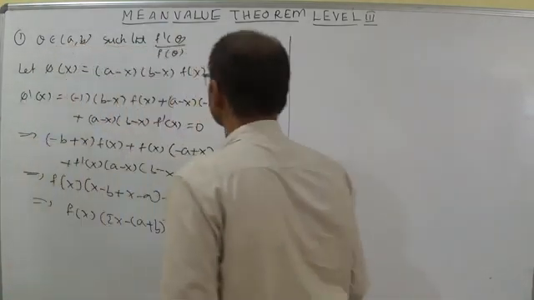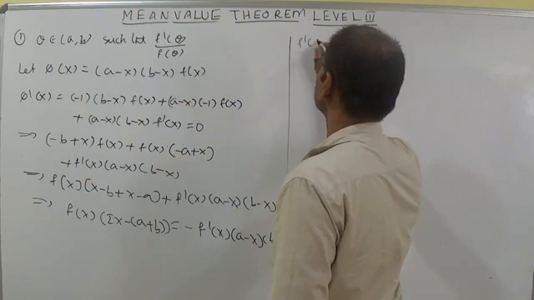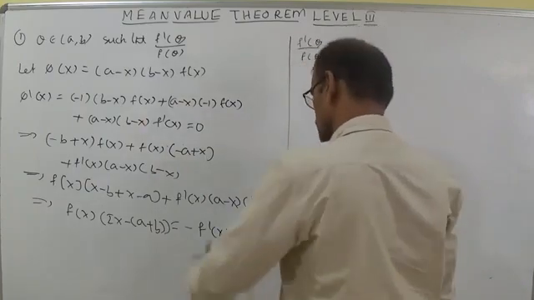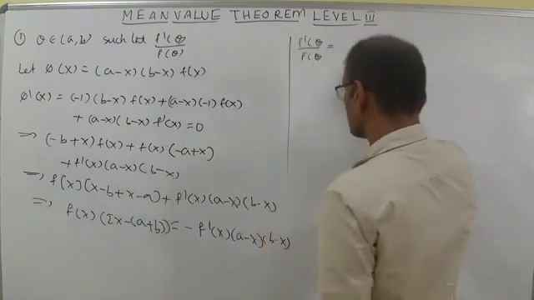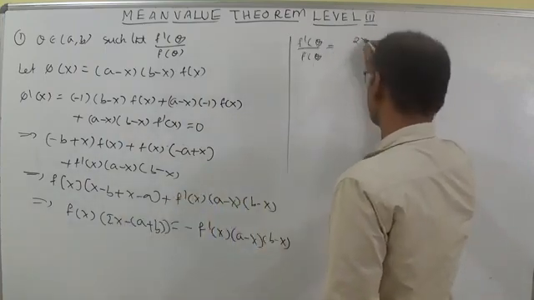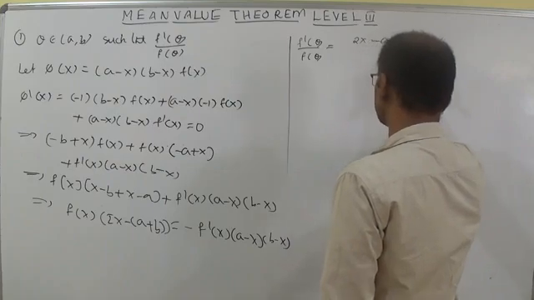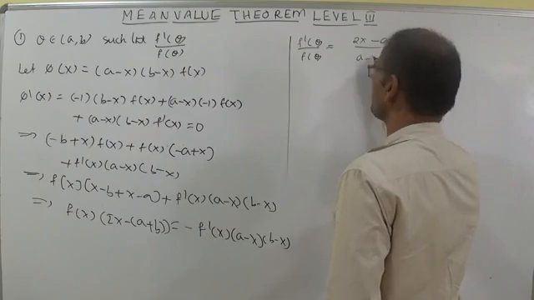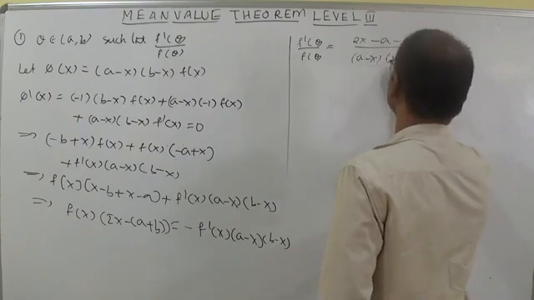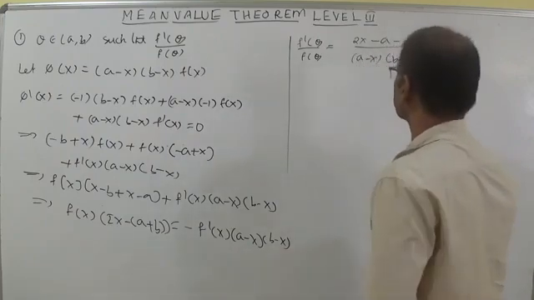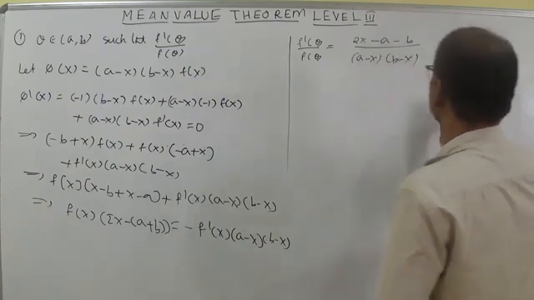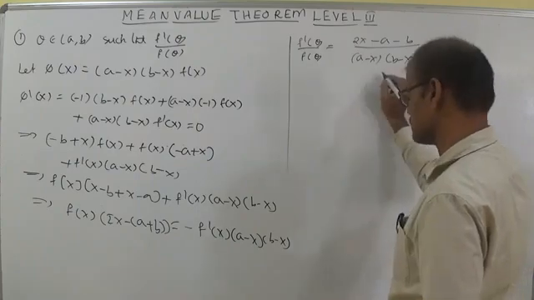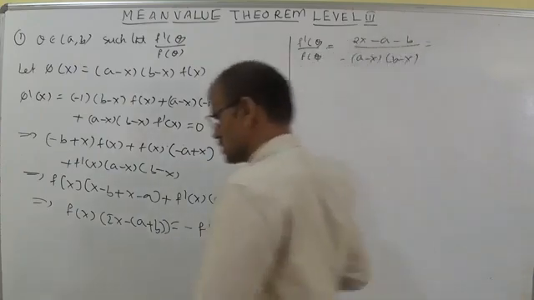Let us write f dash theta by f of theta, taking this side: 2x minus a minus b by a minus x into b minus x, with the minus.